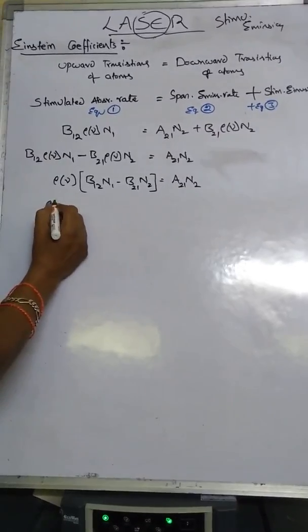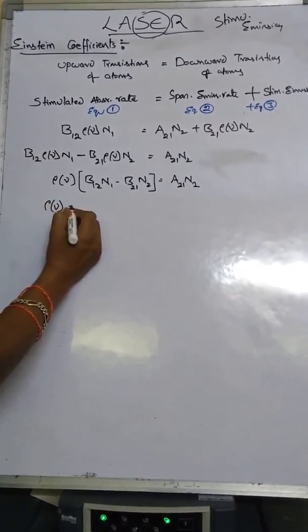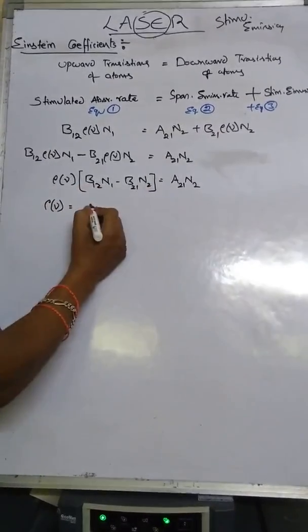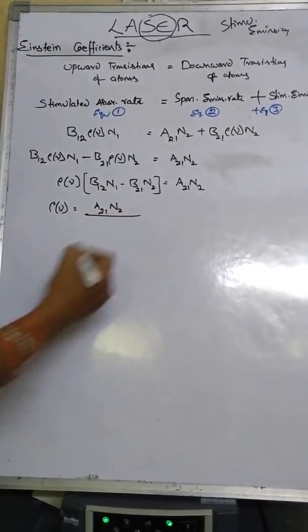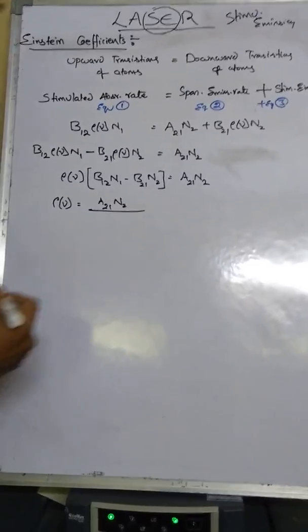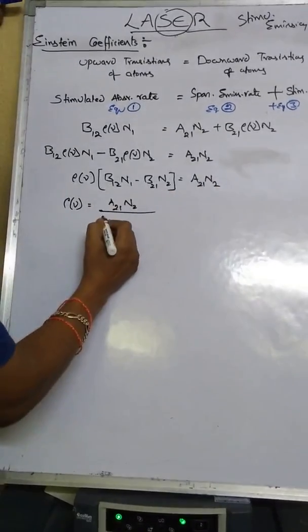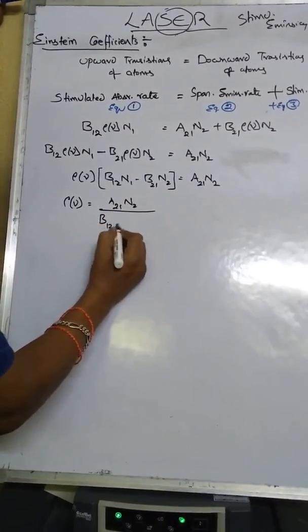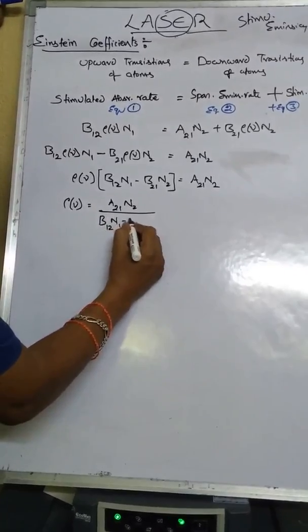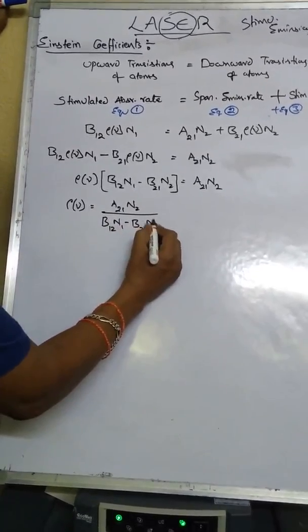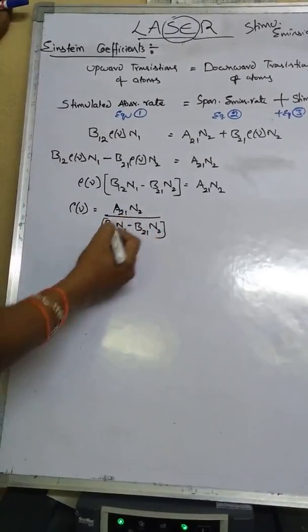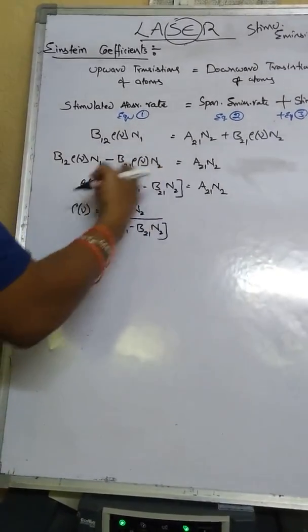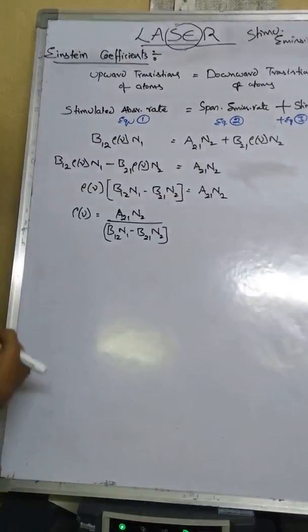And then rho nu is equal to A21 n2 by B12 n1 minus B21 n2. I have taken this term into the denominator.